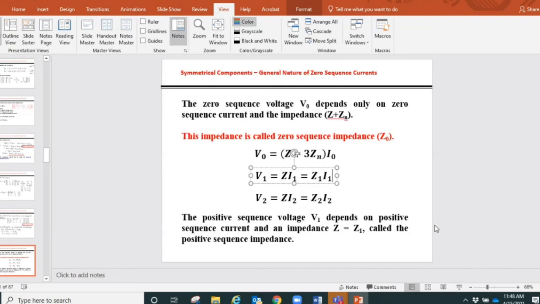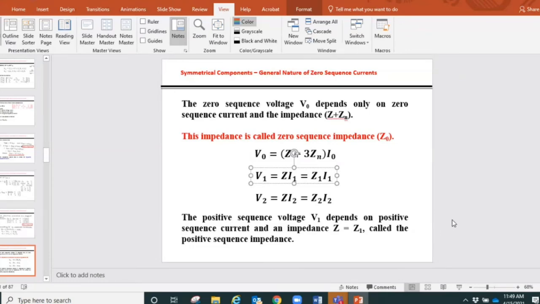They are independent of each other if we look at the equations carefully. Is that clear to you? Yes. Okay, thank you very much.